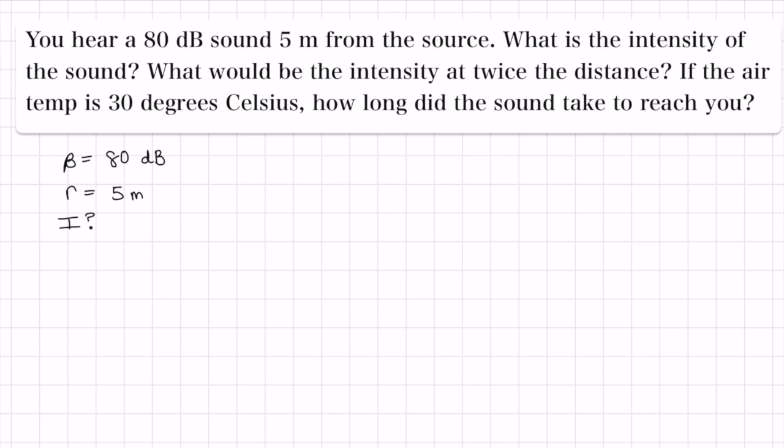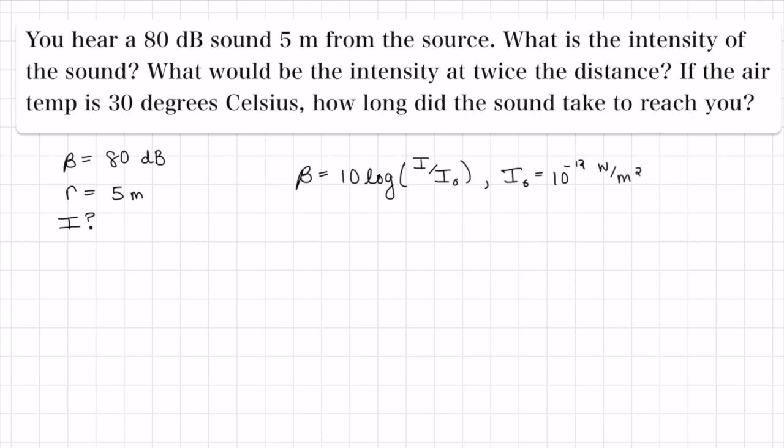That's what connects intensity to distance, but we do have the sound level and we have an equation for that. So sound level is 10 log I over I0, where I0 is our reference intensity of 10 to the minus 12 watts per meter squared.